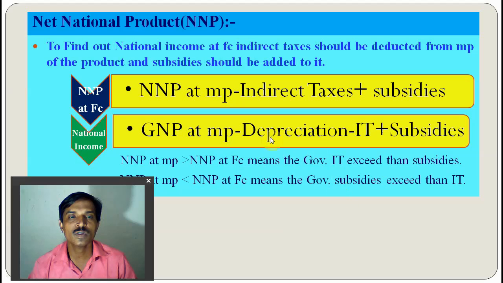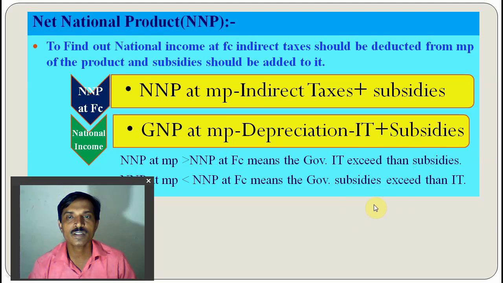Similarly, in the second equation, from GNP at market price, we subtract the depreciation and the indirect taxes, and add the subsidies.